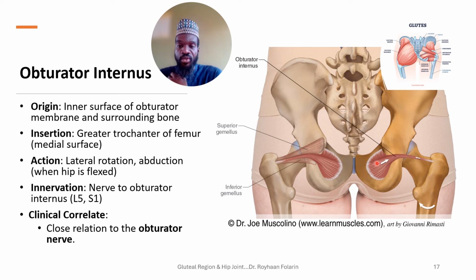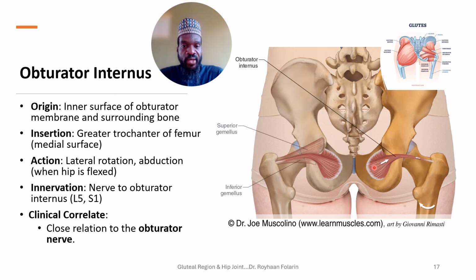Like we mentioned in osteology, everything around this area has the surname obturator: obturator foramen, obturator this and that. So pathologies affecting the obturator internus will also go around this area. The muscle originates from the inner surface of the obturator membrane, and that's what we are looking at here.